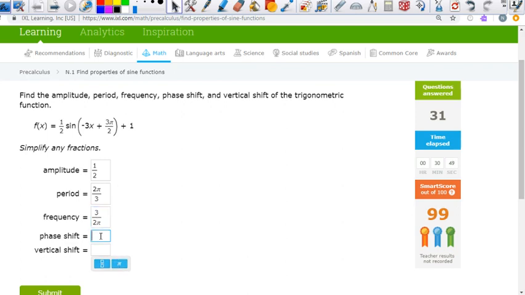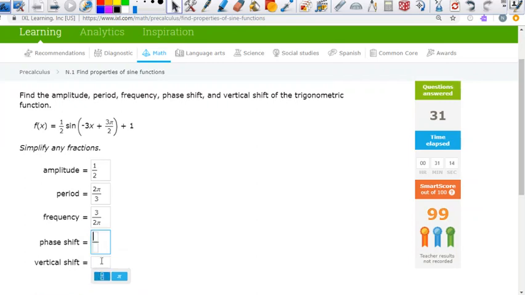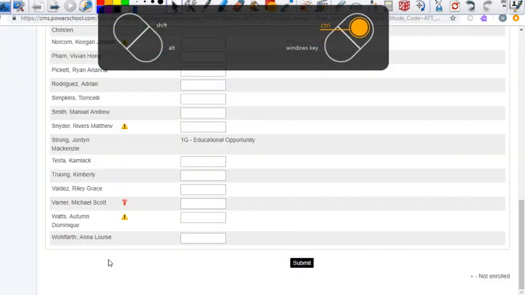The phase shift, 3 pi over 2 divided by negative 3. 3 pi over 2 divided by negative 3 is going to be 3 pi over negative 6, which is going to be negative pi over 2. Switch the sign, it just becomes pi over 2. Our vertical shift is +1.